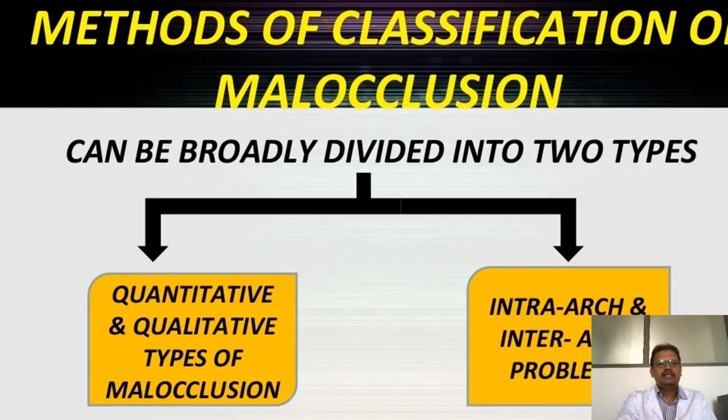Then the next is the methods of classification of malocclusion. Broadly, they can be classified into quantitative or qualitative types of malocclusion, or intra-arch or inter-arch problems.